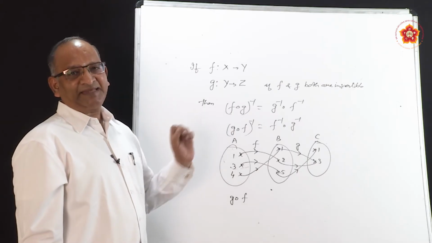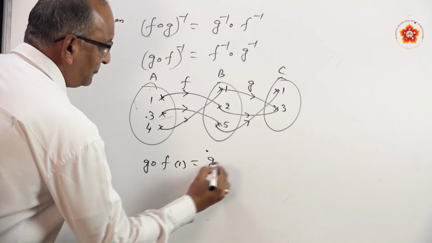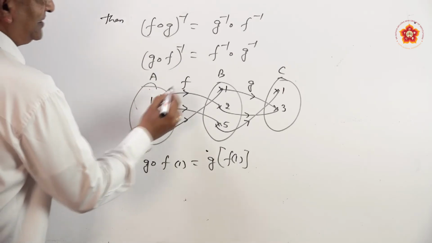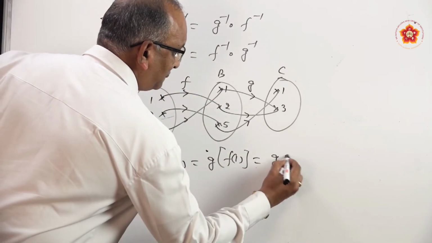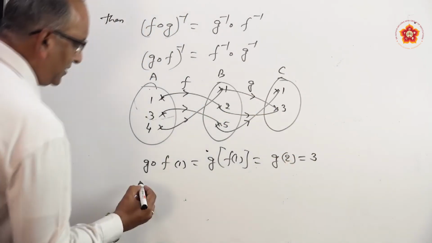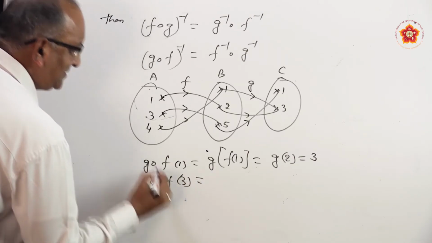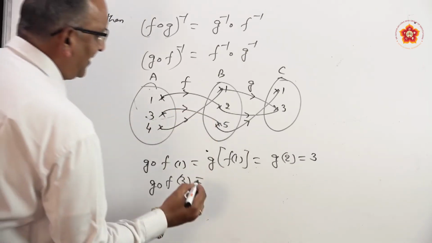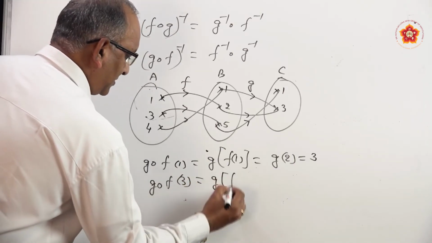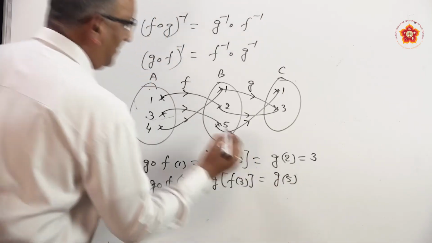For each element of set A you have to write. So what is gof of 1? It is g of f(1). And what is f(1)? It is nothing but the image of 1. Image of 1 is at 2. So we can say it is g of 2, and where is the image of 2? It is at 3, so it is equal to 3. Similarly, gof of 3, where is f(3)? The image of 3 is at 5, so it is g of f(3), which is nothing but g of 5, and where is the image of 5?